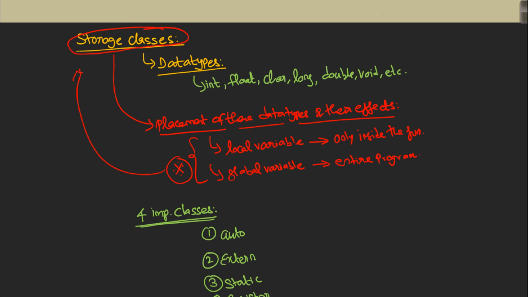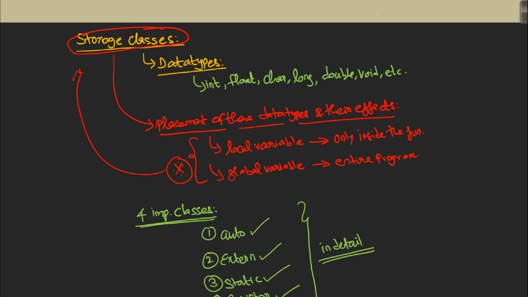Okay, I repeat, there are four important classes called auto, extern, static, and register. We are going to deal with these four things in detail.